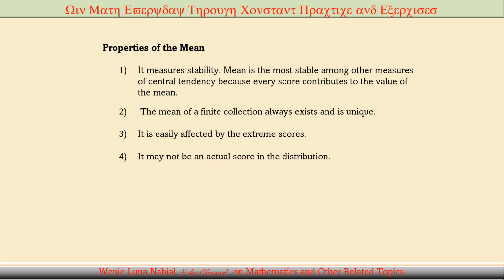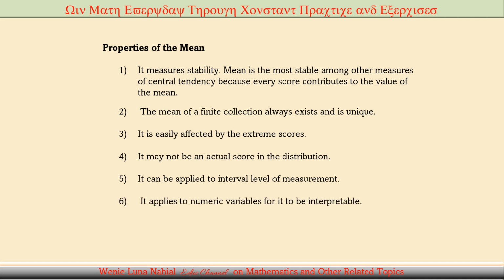It may not be an actual score in the distribution. This means that sometimes we get a mean that is not among the observations. It can be applied to interval level of measurement. Then it applies to numeric variables for it to be interpretable.